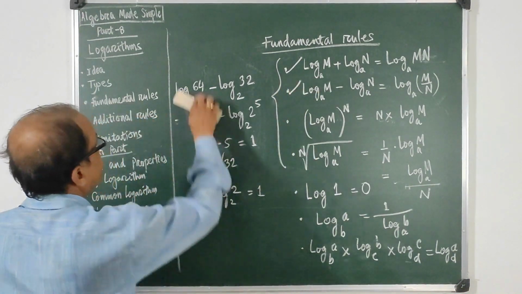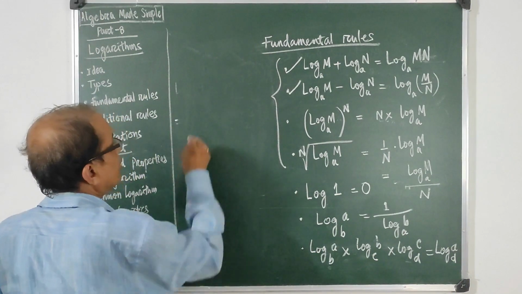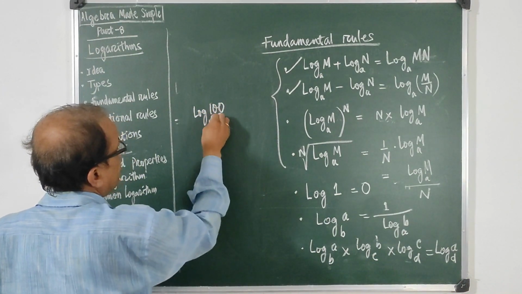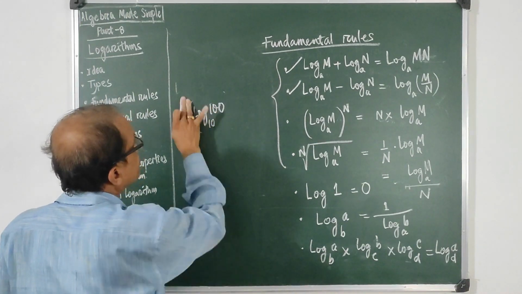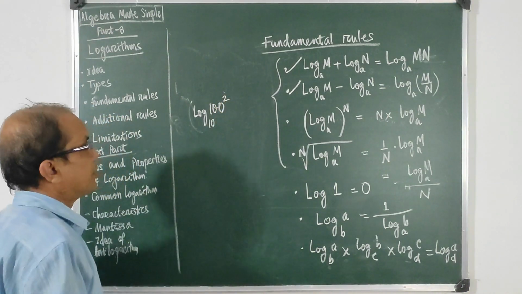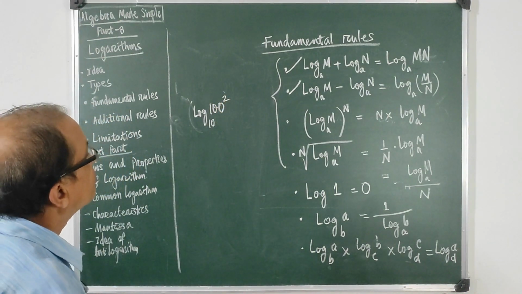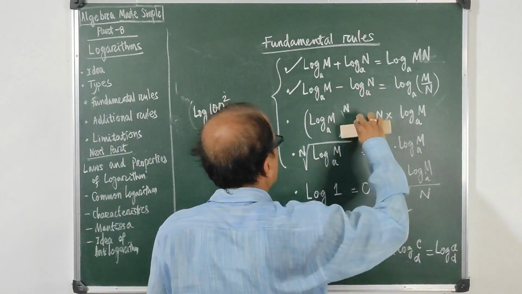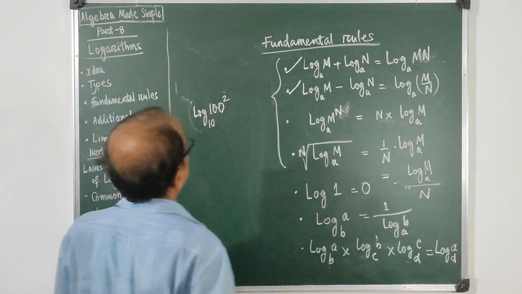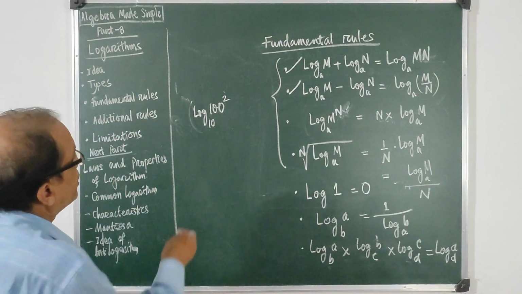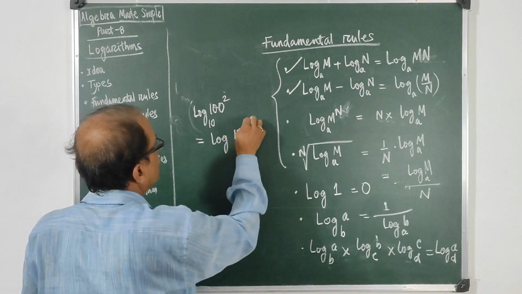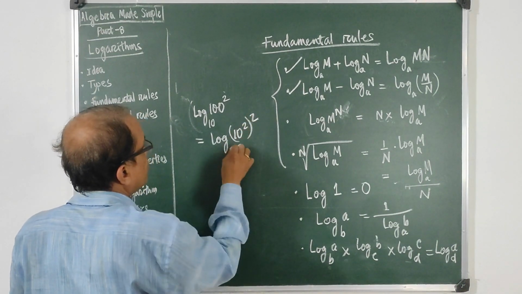Now see, suppose you get log 100 to the base 10 whole to the power square. This rule is log m to the power n, sorry, this should be log m to the power n. So log 100 square to the base 10 is log of 10 square whole square to the base 10.